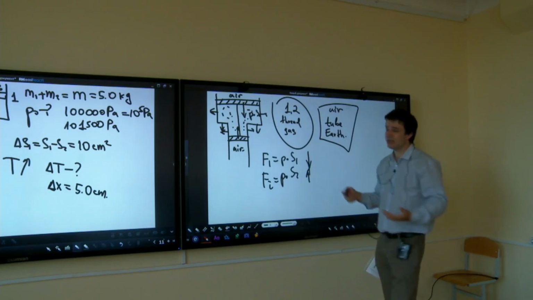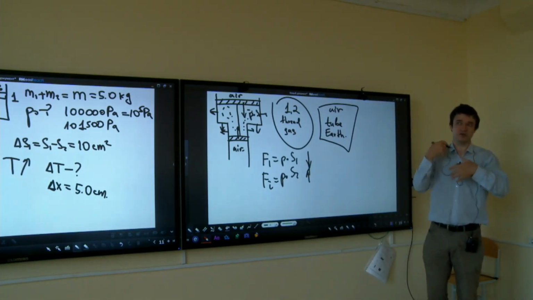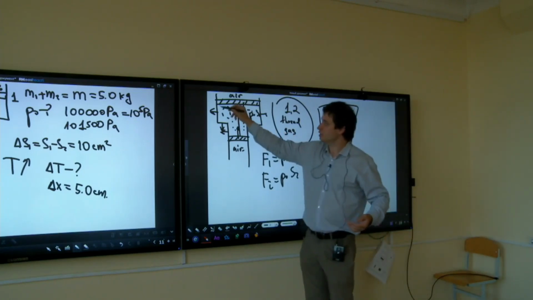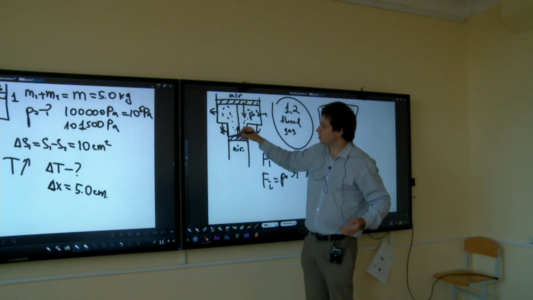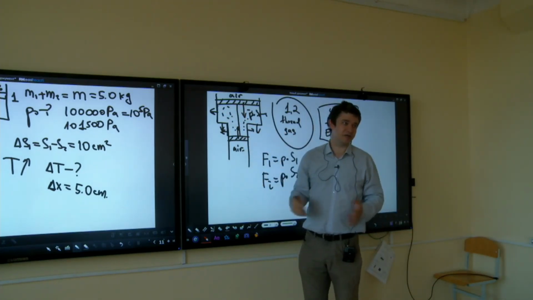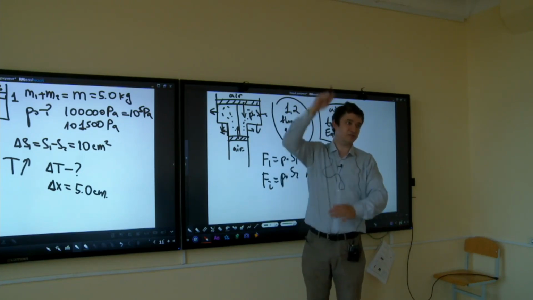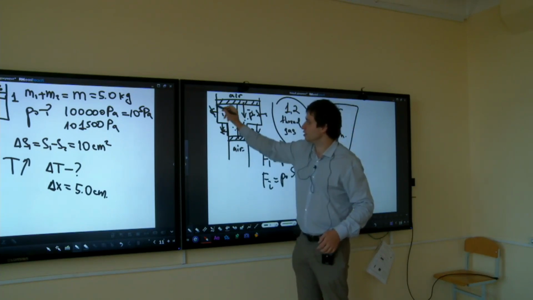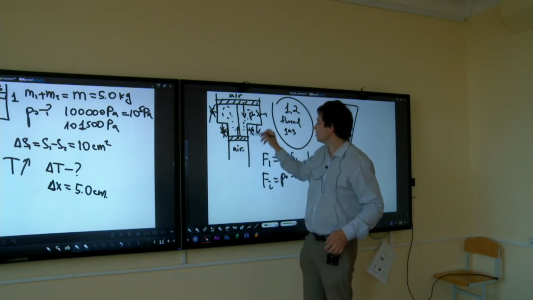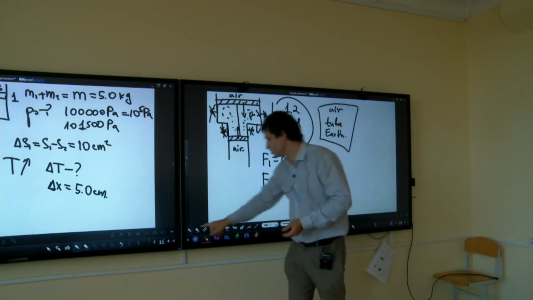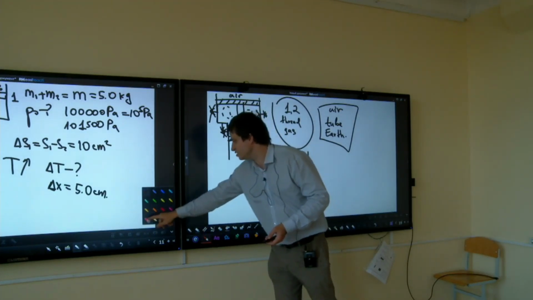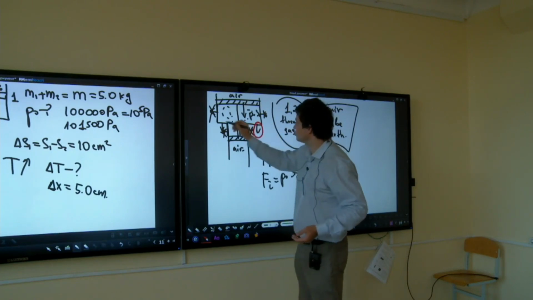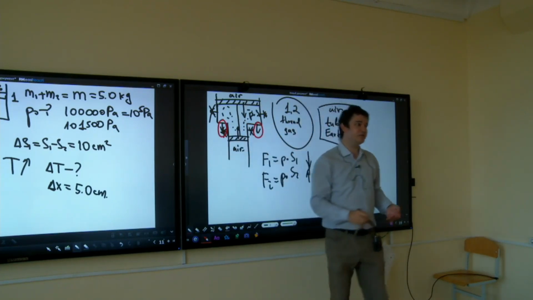And the direction of this force is opposite to the direction of this pressure. And as you see, when the side wall is vertical, then these forces are horizontal, and we don't need them because we need to consider the equilibrium in the vertical direction. So we can actually eliminate this. But what remains, what's the most important part which remains here, is the forces which are exerted onto these horizontal parts of the tube.